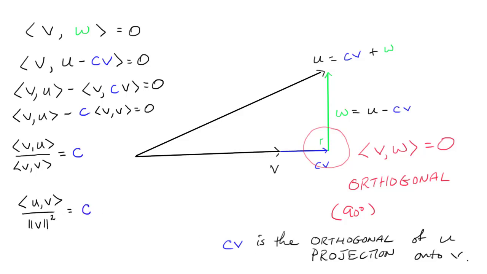So there's my scalar. A better way to think about this, I have two vectors, u and v, and I'll drop down a perpendicular. The length is the inner product of v with the u direction.